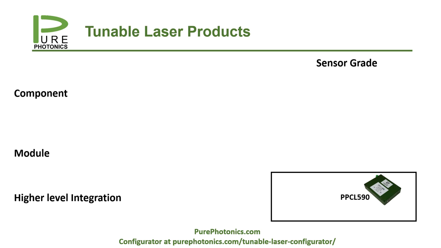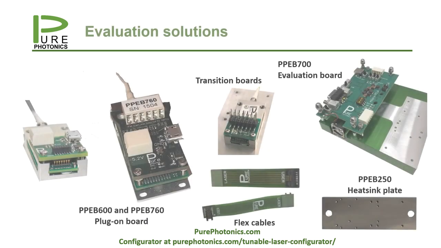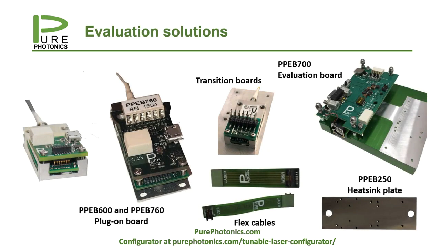If you decide to go with a component level product, we have a couple of evaluation solutions. First of all, our PPB700 evaluation board, which is essentially all you need to operate the laser. This PPB700 comes with both a micro USB and DB9 serial interface.